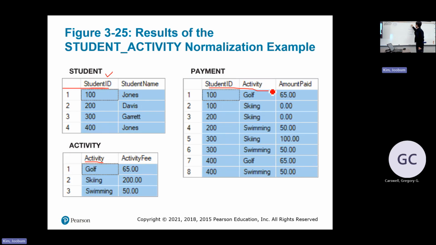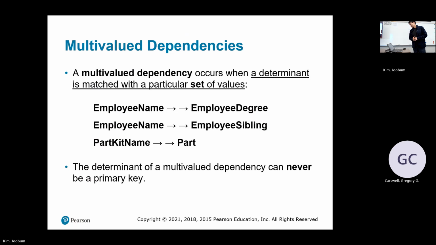The second is to reduce redundant data in a table. So this is the goal of normalization. Make sense?